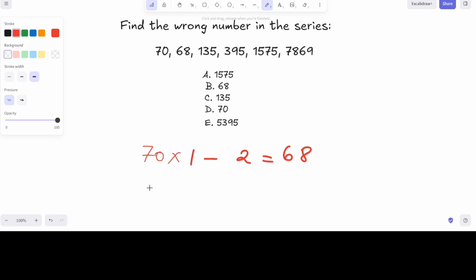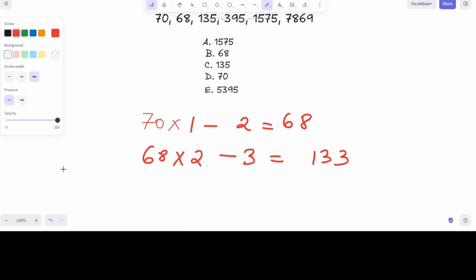Similarly, the next term, 68 into 2, 136, right? So 136 minus 3, that is equal to 133 should be the next term. Because if we are following in this way, next term should be 133 into 3 minus 4.